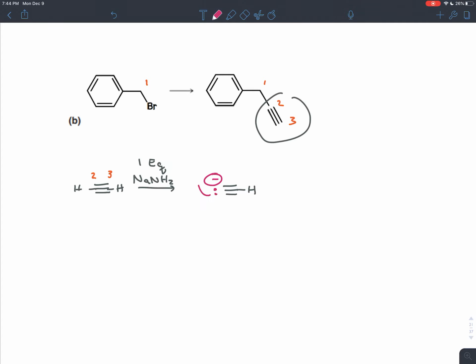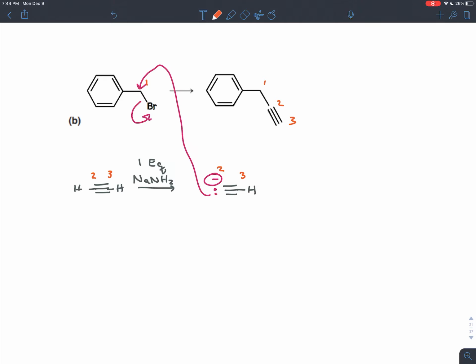Once you make that, that can attack this alkyl halide and kick the leaving group off. And you could see how those two carbons then would add here. So you would have 2 and 3.